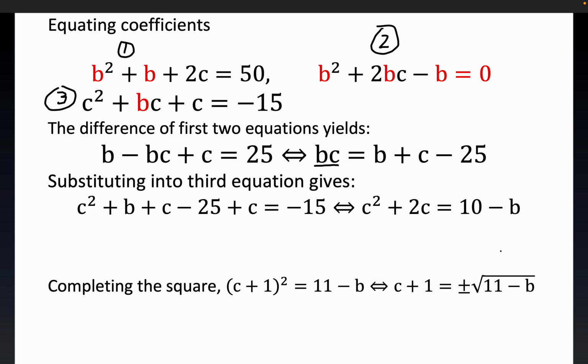Now notice that for this statement right here to make sense, it's 11 minus b, so b can't be any greater than 11, right? But 11 minus b, since this is a square root operator right here, 11 minus b has to equal one of the only three squares you see, 1 squared, 2 squared, 3 squared right there. 11 minus b has to equal one of those in order for this to evaluate to an integer, right?